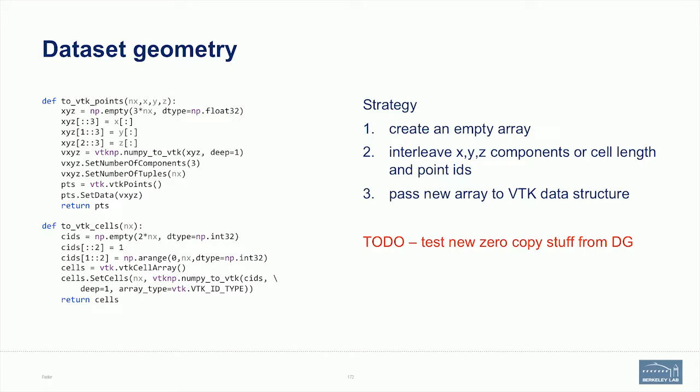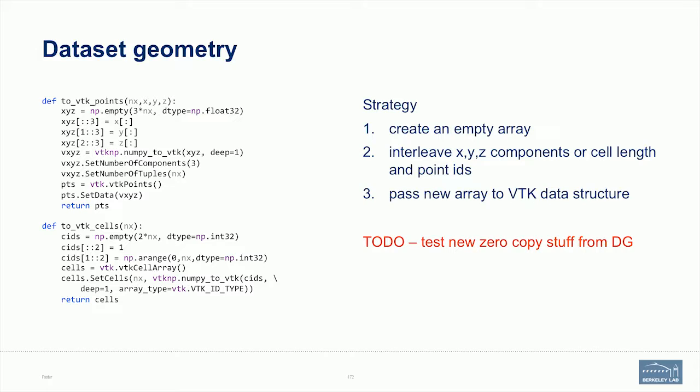With a point, you only need 1 index to describe a point. So I've got those 2 values. I've got the length of the cell, which is 1, and then the index into the point array for the second value. So if you were to dump this array, you'd see something like 1, and then an index, and another 1, and then another index. So every other number would be 1, and then every other number would be a point index, or the index into the points array.